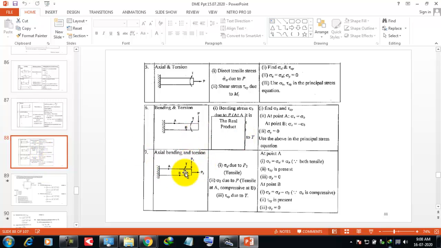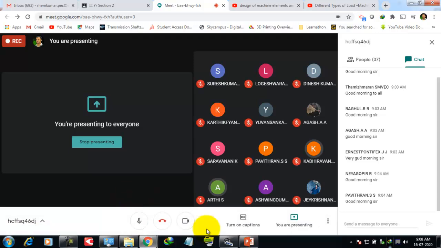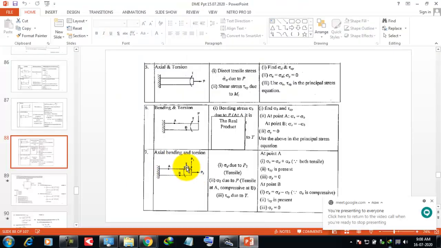and also a system where the three loads act at the same time, that is axial loading, tensile or axial, you can say. Here in this case, bending, that is due to load P1, and also torsion. These three loads combined and acting over this cantilever beam also we discussed.